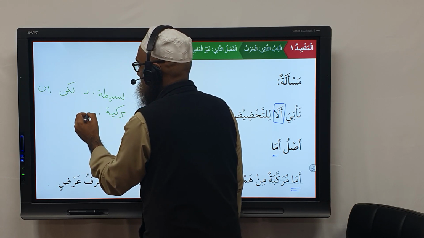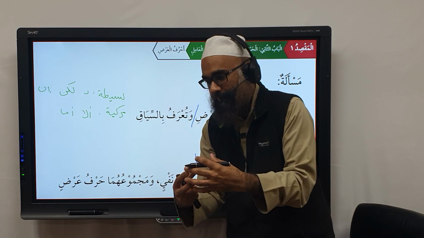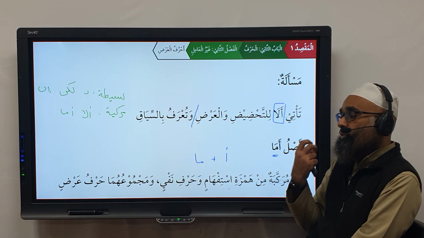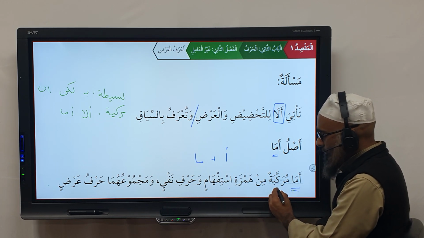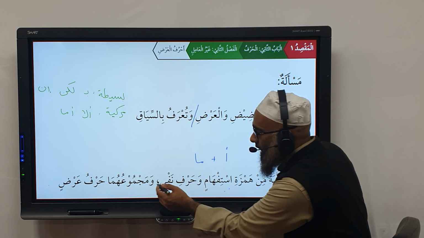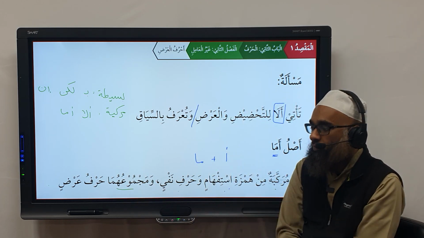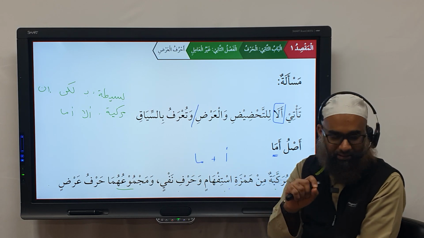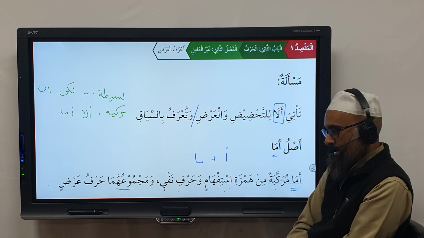And you have murakkaba, ala, ama. So together they give one meaning, but in the asal there were two different particles. So this is murakkaba, ama. It is comprised of hamzatul istifham and harfun nafyin, and together wa majmu'uhuma, the compilation together is a harfu arض. So individually they're two different particles. When they come together, it creates a meaning of arض, talabun bilin. Is that clear?